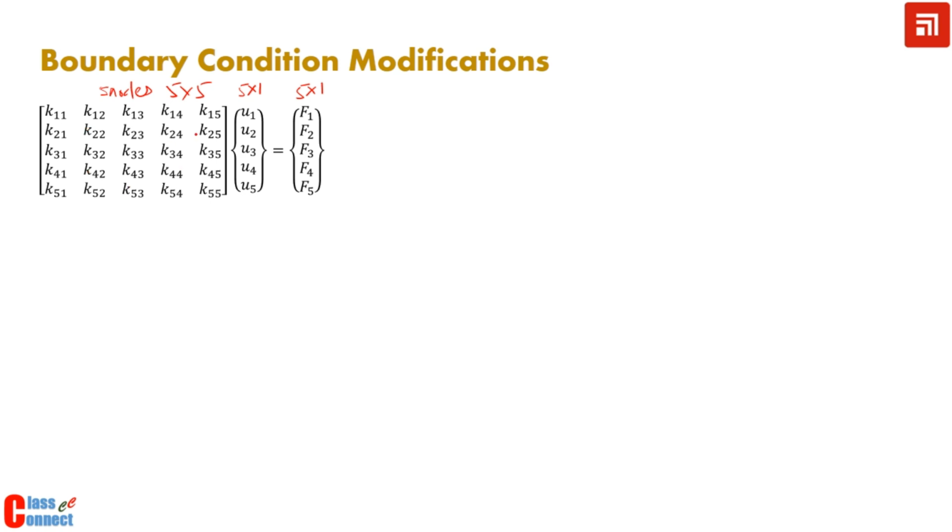The size of this matrix depends on how many nodes there are and how many degrees of freedom per node. So the system matrix equation size will be the number of nodes multiplied by the degrees of freedom per node. That is how we can identify the size of our stiffness matrix.